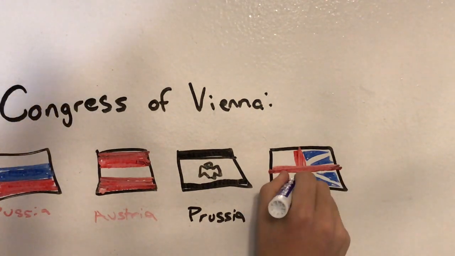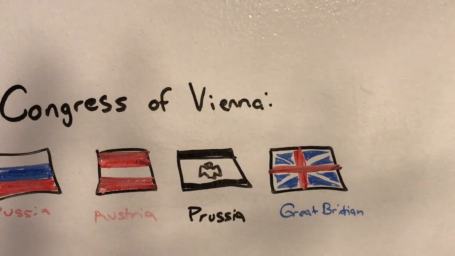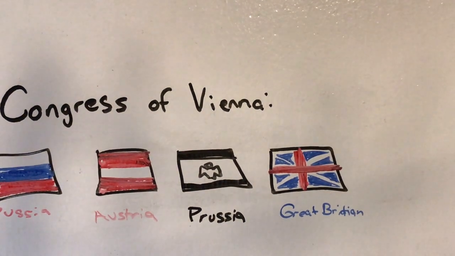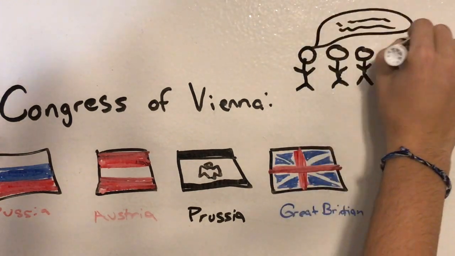So the four main powerful countries are Russia, Austria, Prussia, and Great Britain. And they are going to use a force of collaboration to make sure that no other country in Europe becomes too powerful and to try to resolve mutual foreign policy issues.